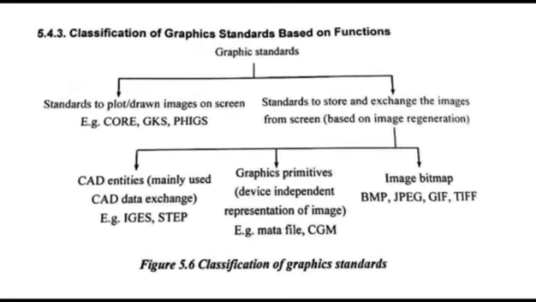There is a classification of graphics standards based on functions. First one is standard to plot and draw images on screens. Second is a standard storage and exchange of images. The standard storage and exchange of images is classified into three types: CAD entities, graphics primitives, and image bitmap.